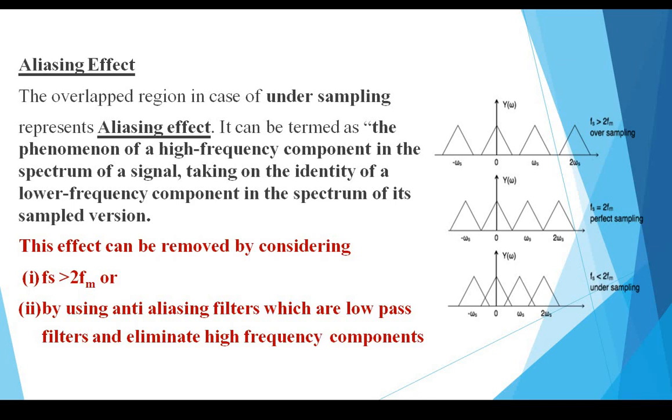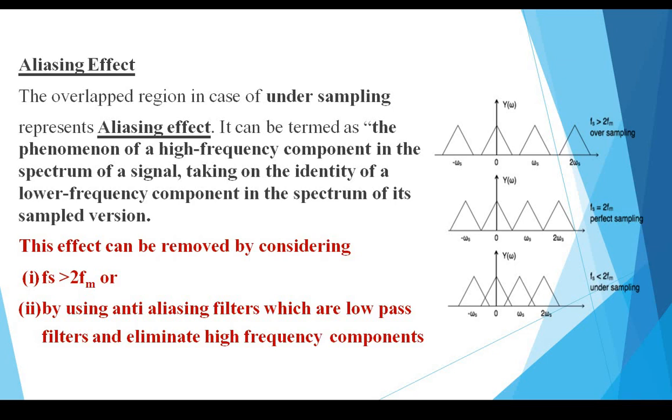But in natural sampling, you are giving a complete pulse train as the carrier input and multiplying it with your message signal, and you will get the output as a sampled spectrum. But the disadvantage in natural sampling is that some noise will be there at the top of the samples, or the top of the amplitude.